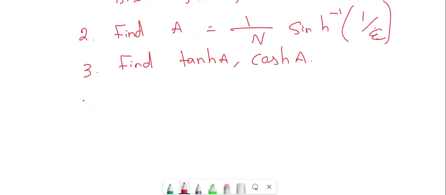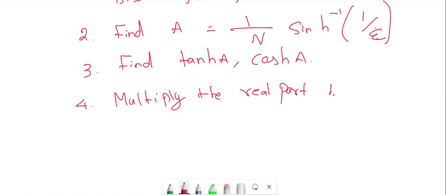Then multiply the real part by tanh A. This is called normalization.